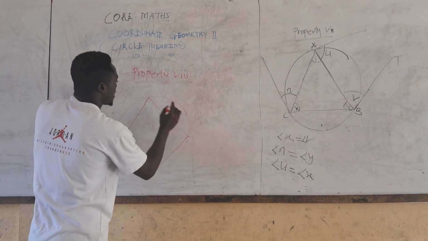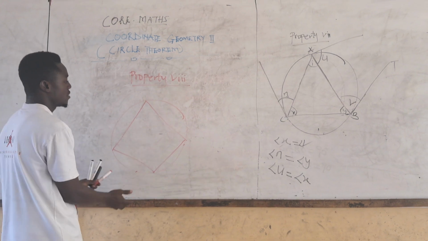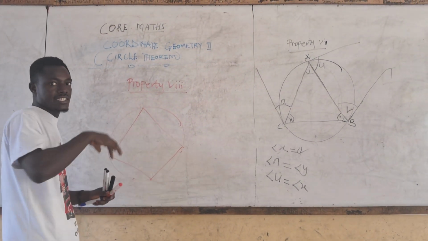So we have a circle, and we have a quadrilateral figure within the circle.